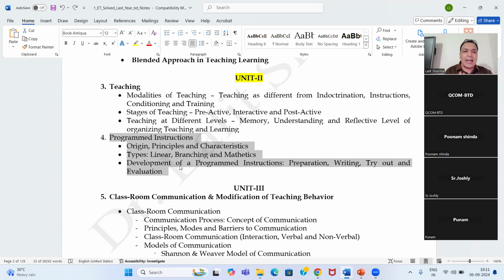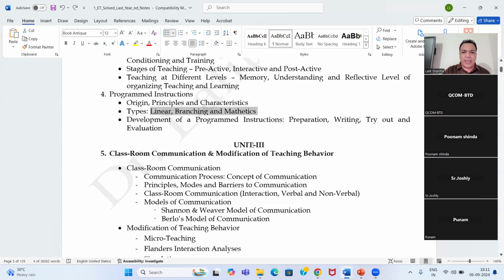Under this type of programmed learning, remember, you can say programmed learning or program instruction, both are the same thing, right? Under this, there are three types of program instruction: linear, branching, and mathetics. It is written there. Okay.